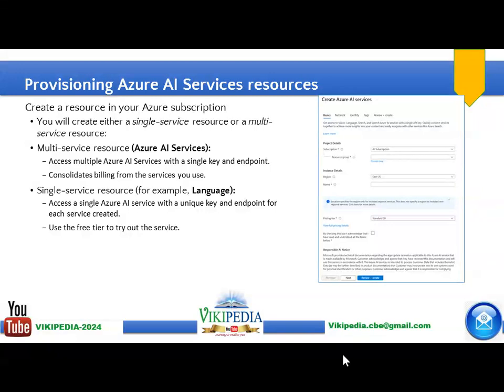Consider this: I want to scan a set of bills generated as image documents. I need image services, and from that image service I will do OCR, that is, optical character recognition.